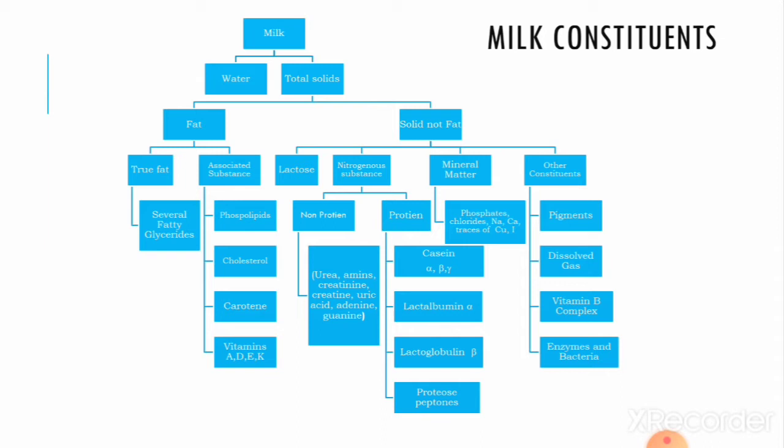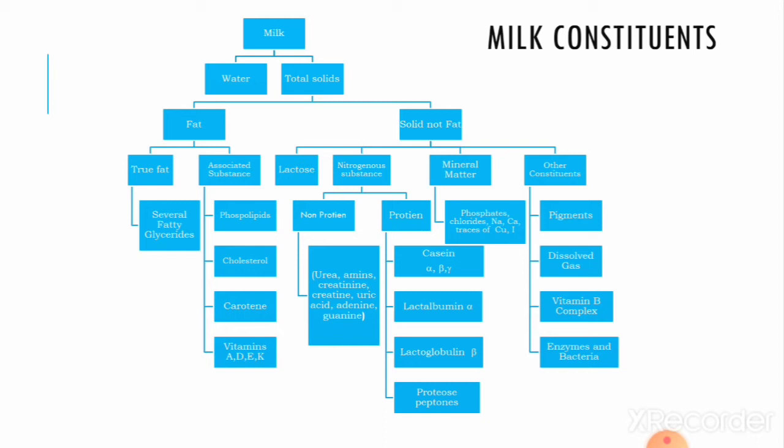Nitrogenous substances are again classified into two subclasses, that is non-protein and protein. Non-protein includes urea, amines, creatinine, creatine, uric acid, adenine, guanine. Protein substances include casein, that is alpha, beta and gamma, lactalbumin, that is alpha, lactoglobulin beta, and proteose peptones.